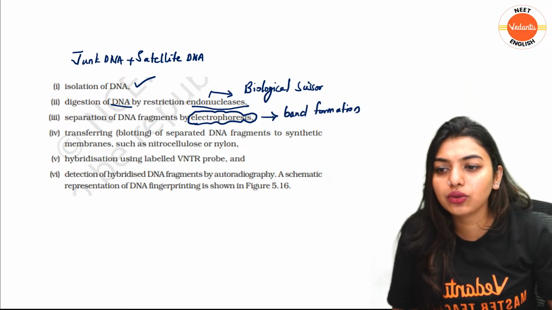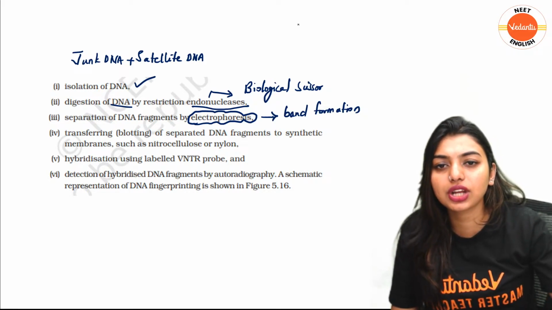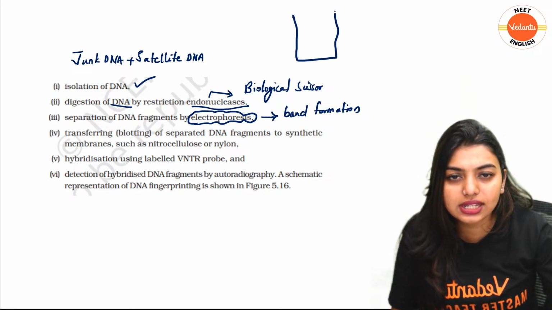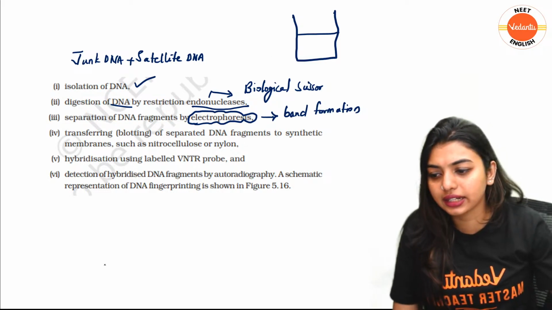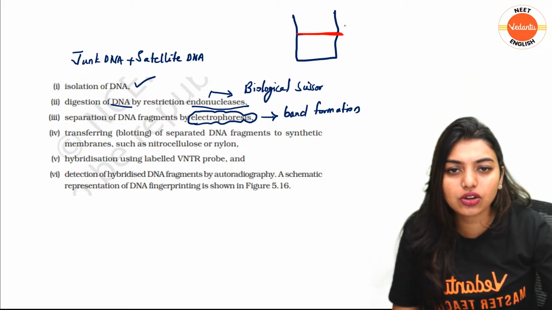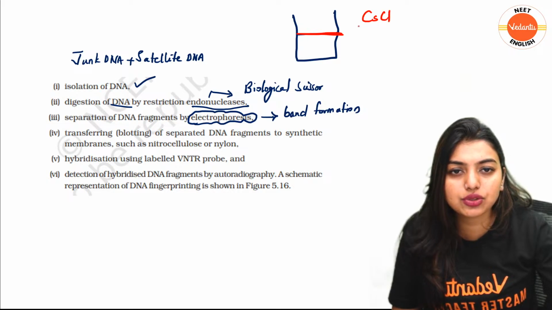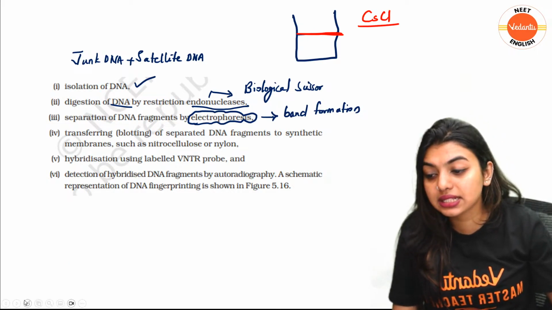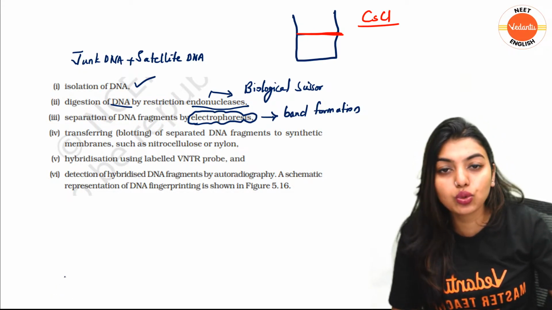Now, after the restriction endonuclease step, sometimes we use a density gradient. I'll show you that. We use a density gradient with the help of CsCl, which you studied in the Meselson and Stahl experiment. You will get 2 bands.